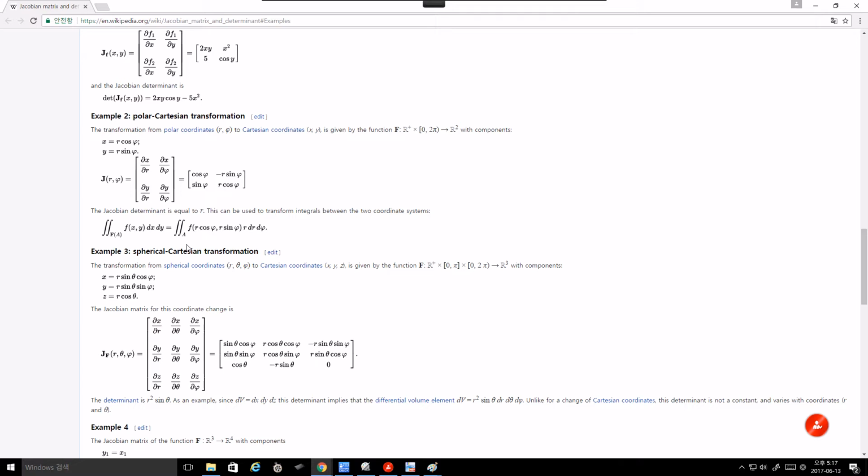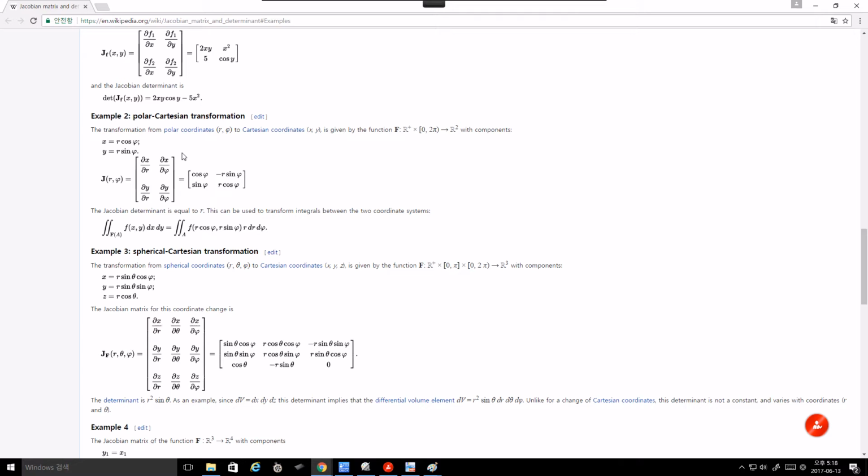R plus means basically positive, from 0 to 2 pi, to R squared, because it is a polar coordinate. So it moves from 0 to 2 pi in one circle, to R squared, with components such that x is r cosine phi and y is r sine phi, right?